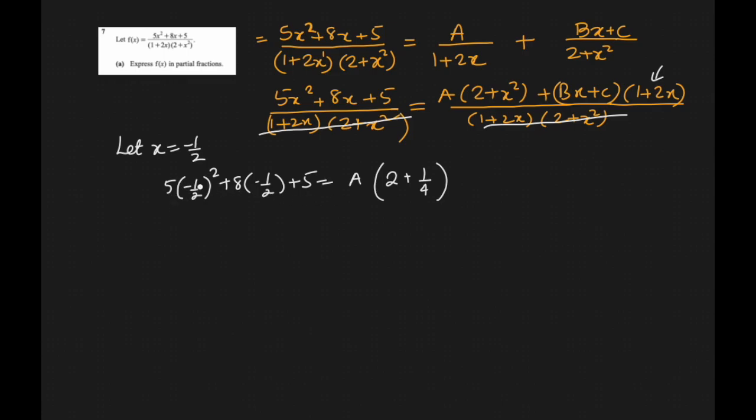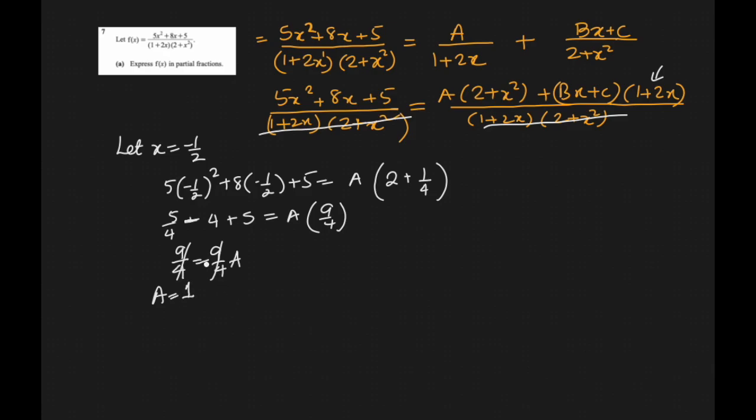So this becomes 1/4, so 5 over 4 minus 8 multiplied by half is 4 plus 5 equal to a times 9 over 4. Minus 4 plus 5 becomes 1, and 5 over 4 plus 1 is 9 over 4 equal to 9 over 4 a. Cancel out, a is equal to 1.